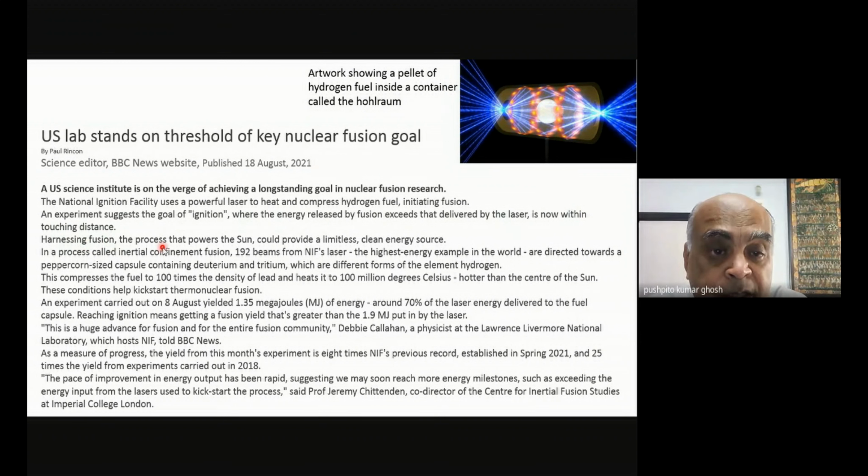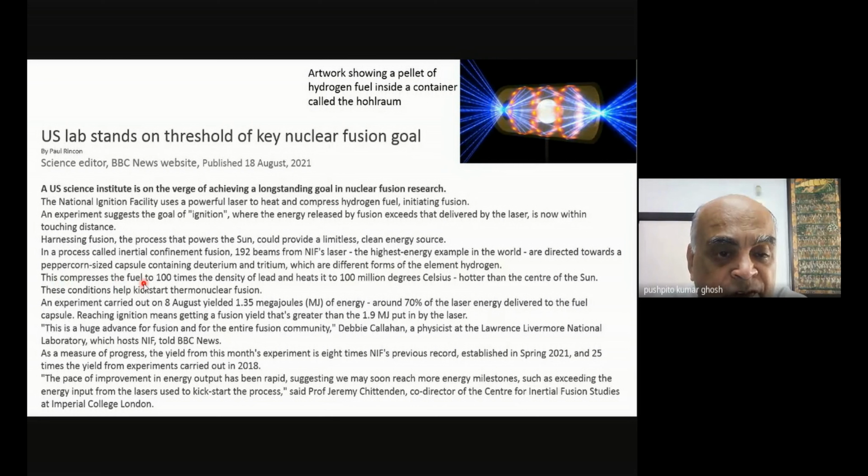Harnessing fusion, the process that powers the sun, could provide a limitless clean energy source. In a process called inertial confinement fusion, 192 beams from NIF's laser, the highest energy example in the world, are directed towards a peppercorn-sized capsule containing deuterium and tritium, which are different forms of the element hydrogen.